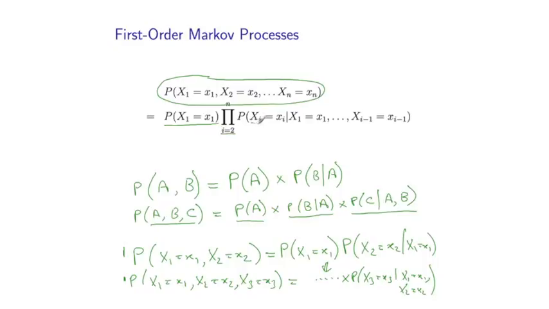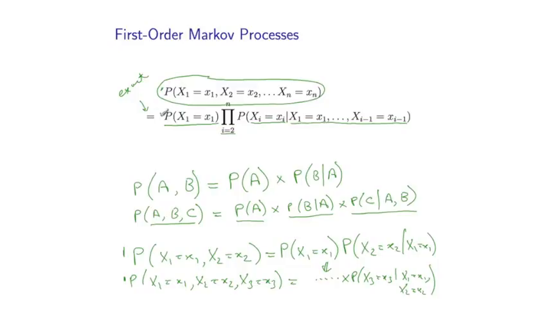Each term has the probability that Xi equals xi, and I condition on all of the previous values for the random variables in the sequence. And again, it's critical to realize that this equality is exact, in that I can always take a joint probability of this form and rewrite it using the chain rule in this form.